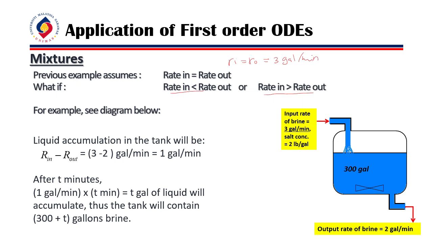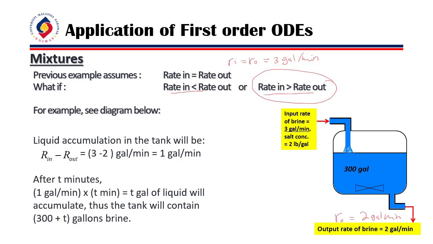In this example, our ro is equal to 2 gallons per minute, which is our rate out is smaller than our rate in.